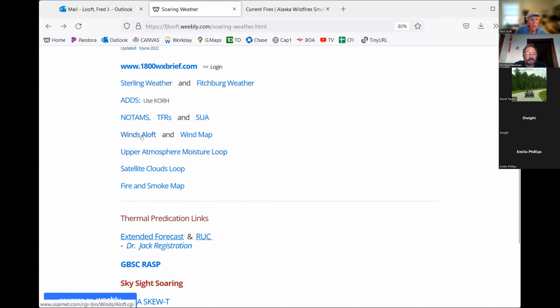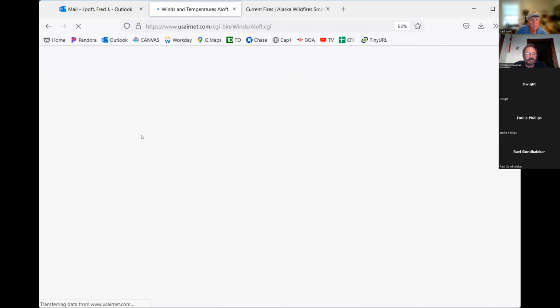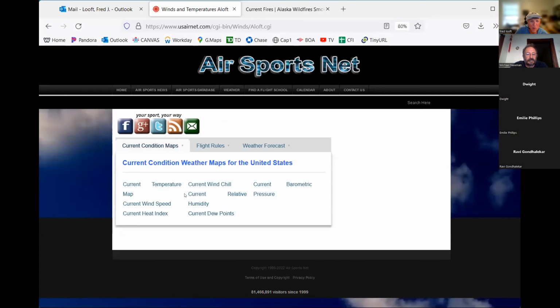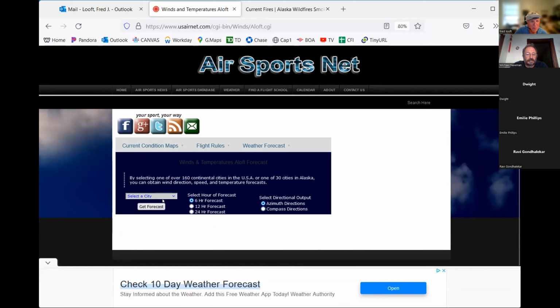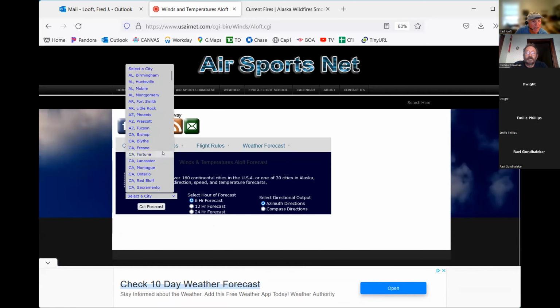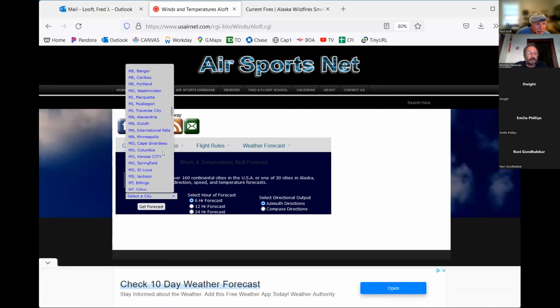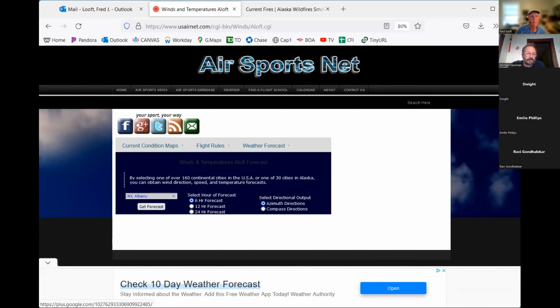Now, winds aloft can be useful. The problem is you can get 6, 12, and 24. I typically will select Albany. Let's see if I can get that in here. If the winds are coming from the northwest, here's New York, Buffalo, Albany.